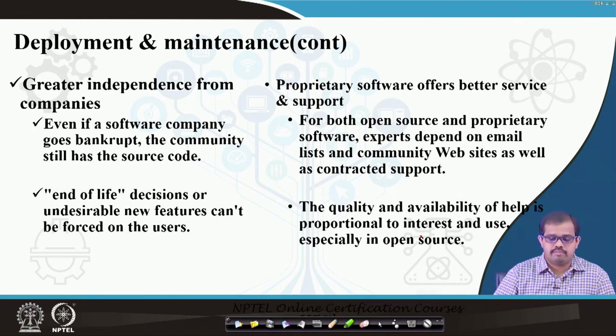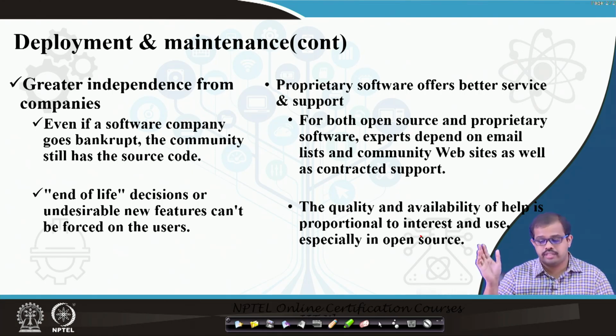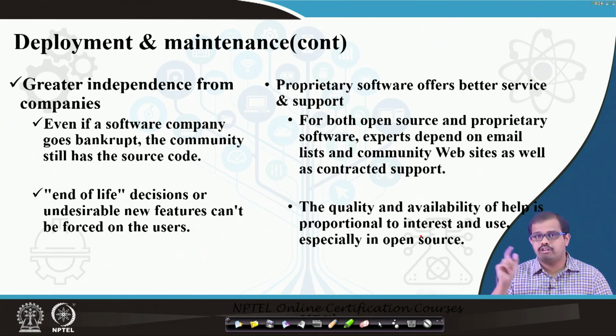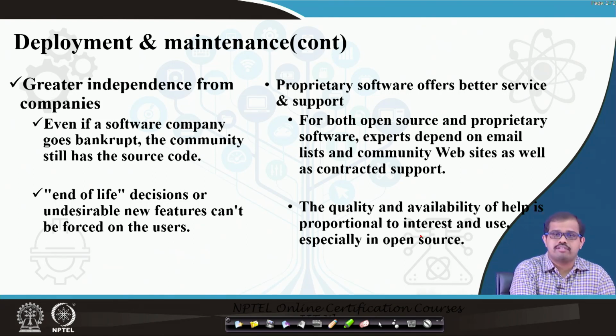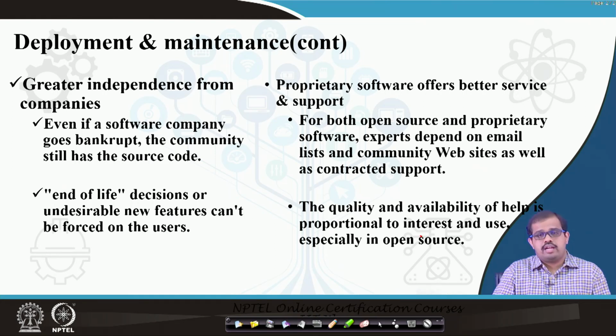And when I look at support, for both open source and proprietary software, experts depend on email lists and community websites as well as contracted support. Okay, the quality and availability of help is proportional to the interest and use, especially in open source. That's the lacuna. For example, if there are fewer people working on a specific aspect or a specific software, then your community support may be much slower or not available in open source software.